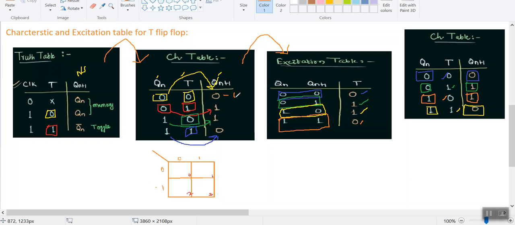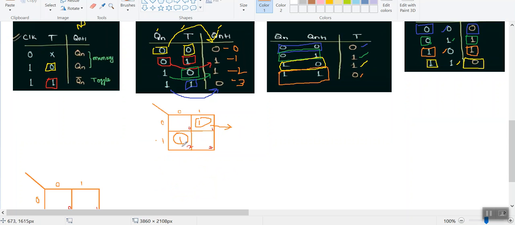So this is my 0, 1, 2 and 3. In order to get my characteristic equation, where I am getting 1, in the position of 1 and in the position of 2, map this as a single and map this as a single, and get your expressions. So for this you will have one expression, and for this also you will have one more expression.